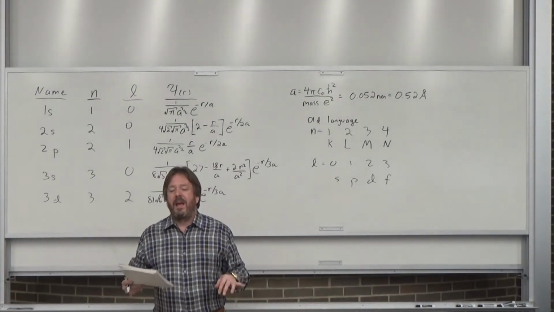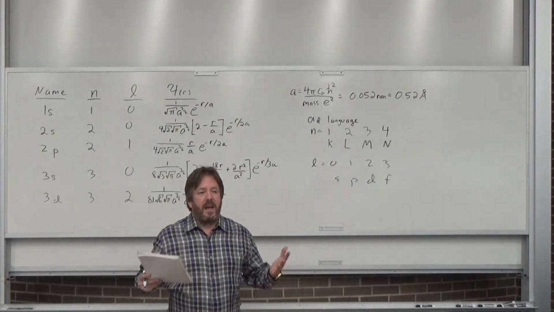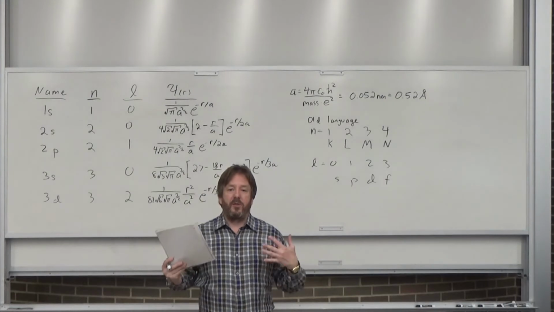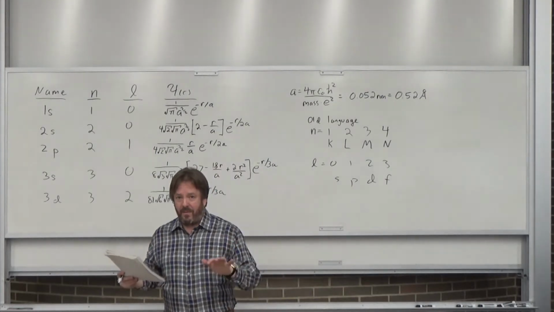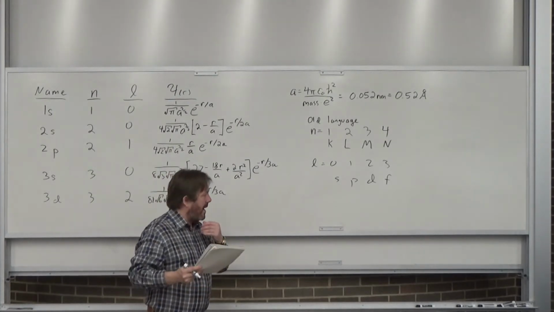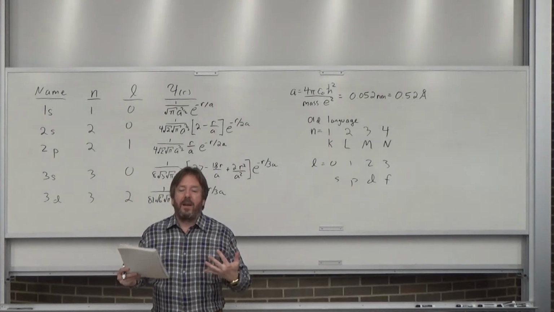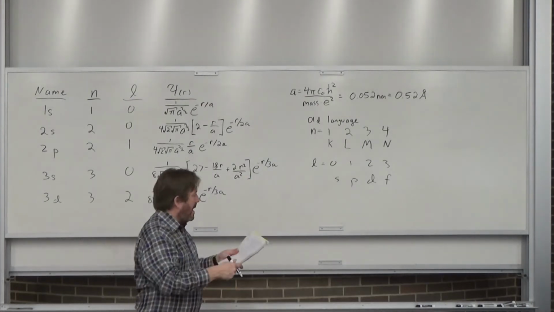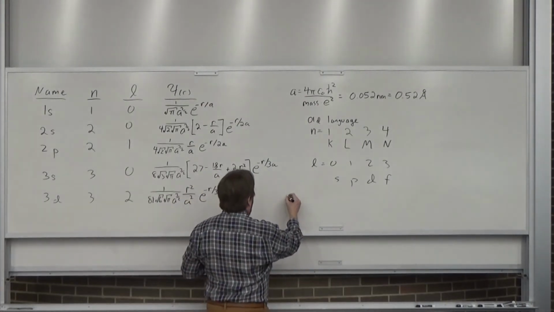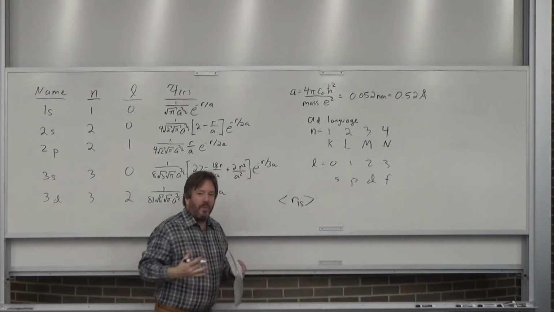You've probably heard that when they make these in super colliders, the elements don't live very long. They have short half-lives, right? We're going to cover that in kinetics. It turns out that we can use these wave functions to understand why the periodic table is only so big.